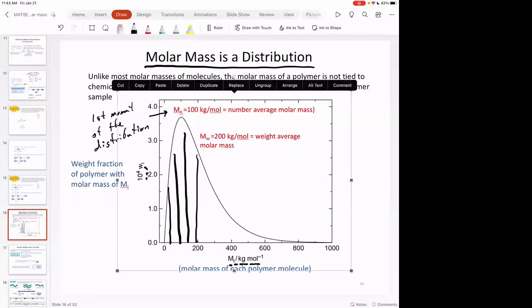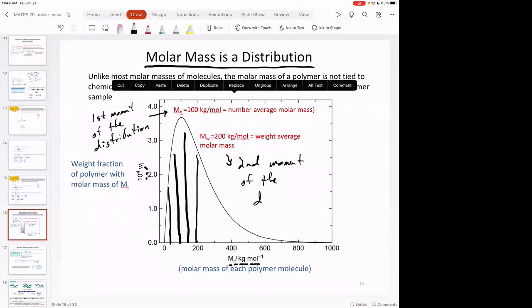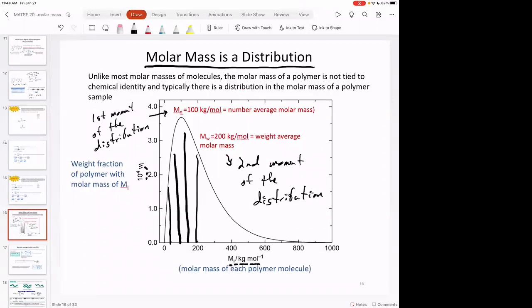And then we're going to use Mw, which is the second moment of the distribution. And there's some rules about Mn and Mw. Mw is greater than or equal to Mn.